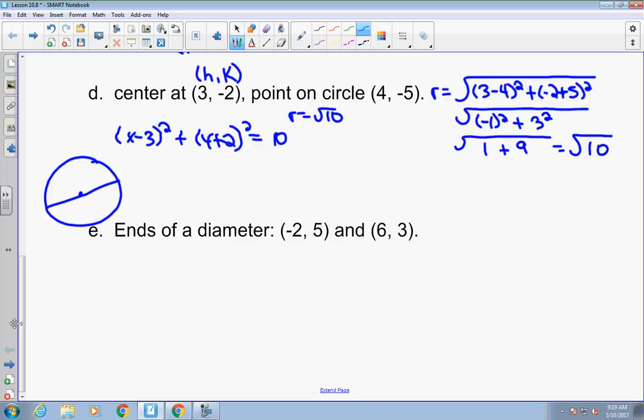Now, in my first class, I found the diameter first and then I divided by 2. But what if I found the midpoint first and then used the midpoint and one of the other points? That would give me the radius, and then I wouldn't have to divide by 2. You really could do it either way, right? So let's go ahead and find the midpoint first.